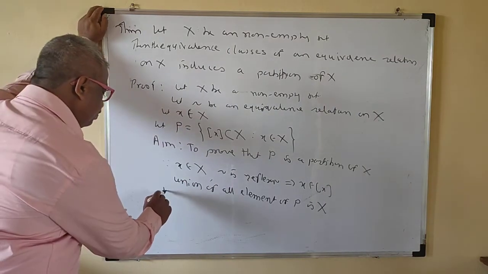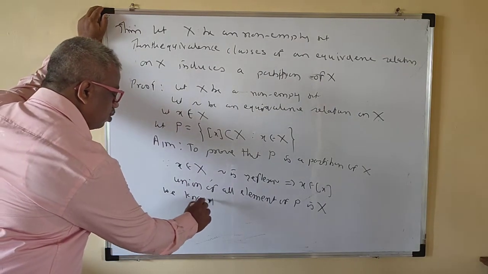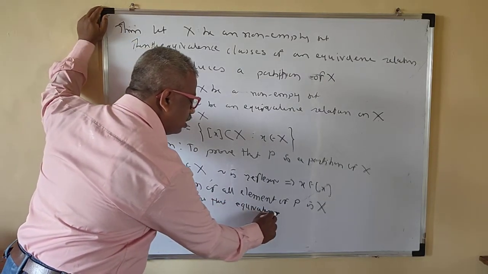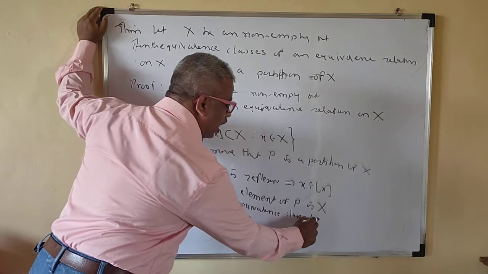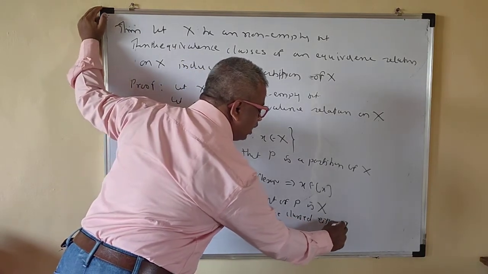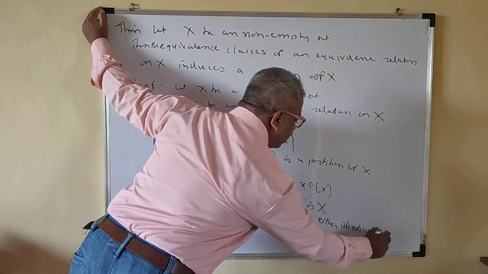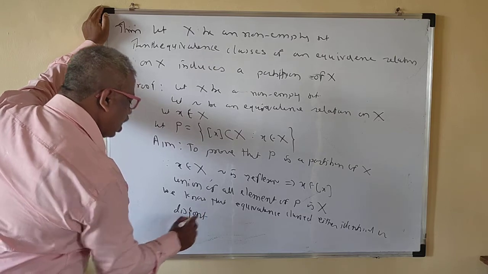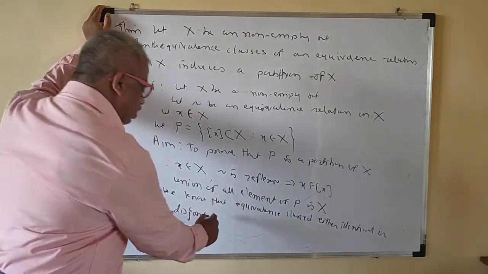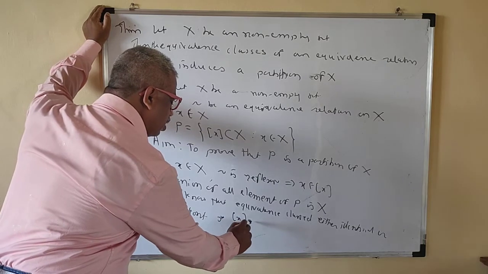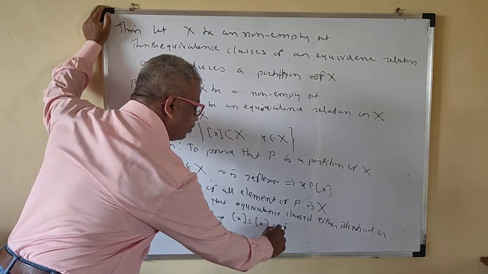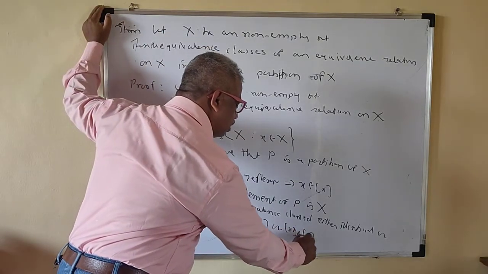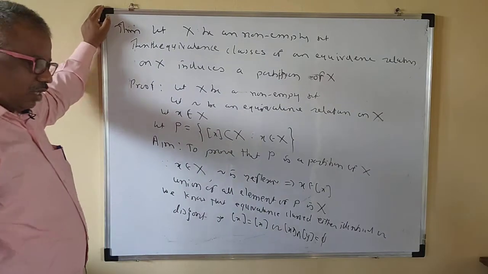So we know that equivalence classes are either identical or disjoint. That is, they are equal or the intersection is empty, right?